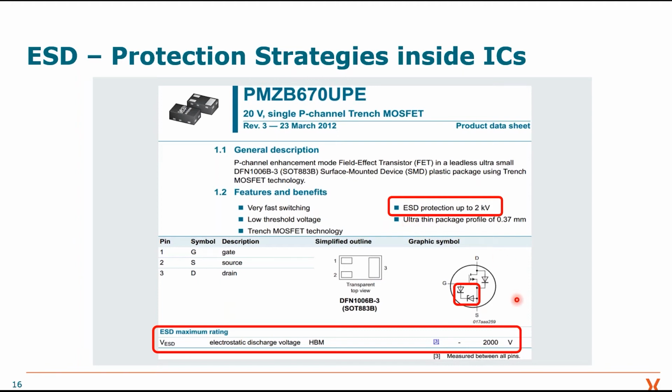We have an ESD protection which is capable of handling up to 2 kV, and this is a human body model, so it says to you that this device is protected for the packaging and handling process. But not on a system level, where even higher ESD voltages can occur for sure.